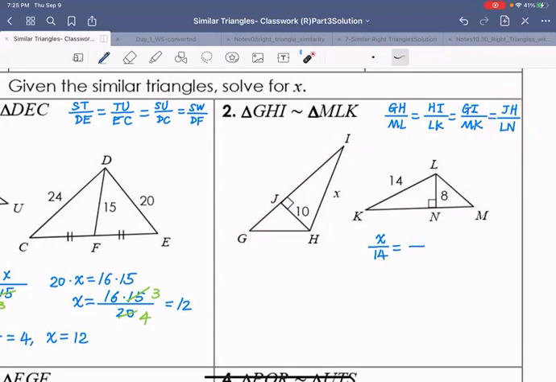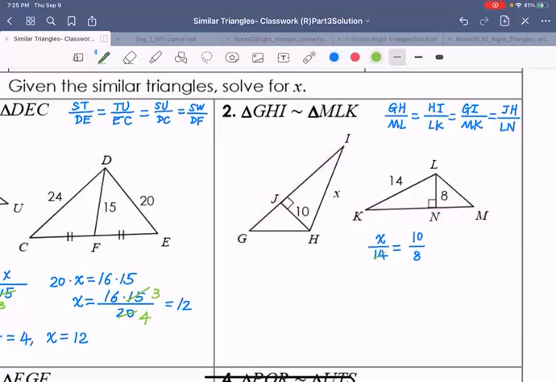How much? 10 over 8. If you want to do it this way, we simplify. If you don't want to, you can do the cross multiplication. You want to do which way? I was going to simplify 14 and 8. Sure. Let's do it.